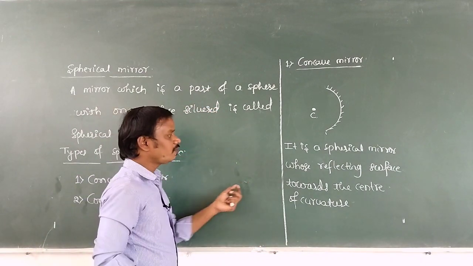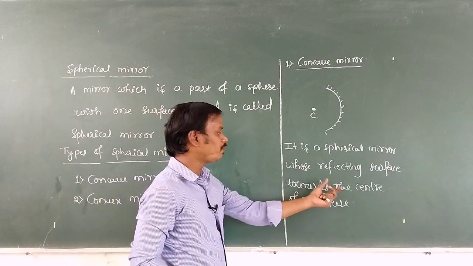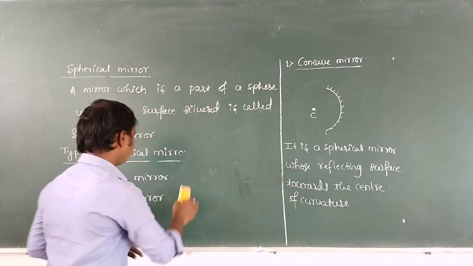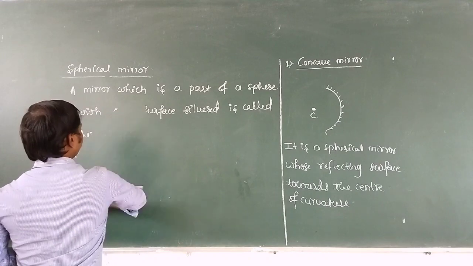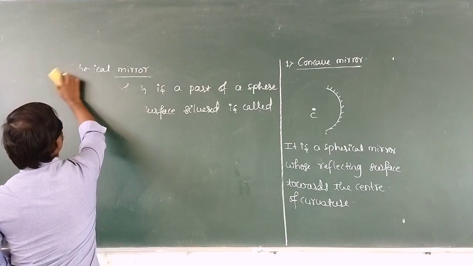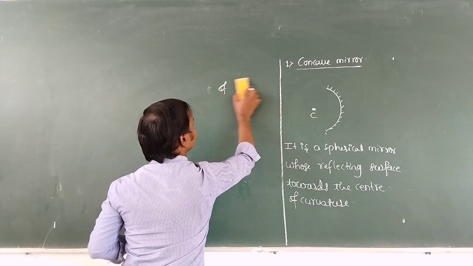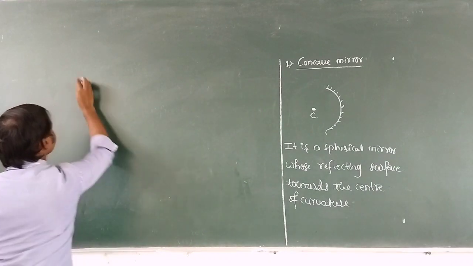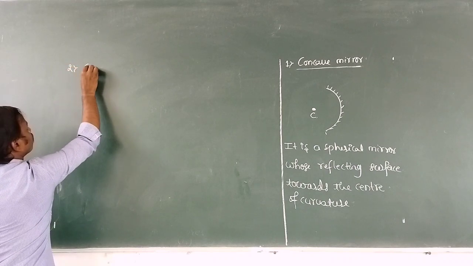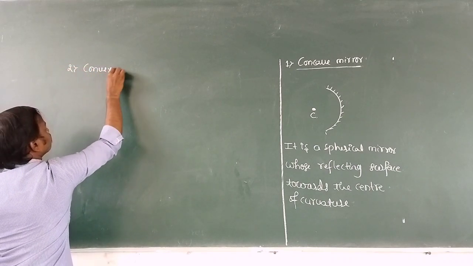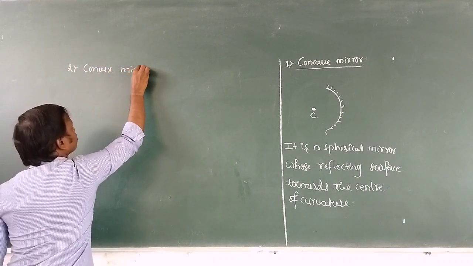So convex mirror is a spherical mirror whose reflecting surface is away from the center of curvature. So second type of spherical mirror, that is convex mirror. So let us draw the sphere here.